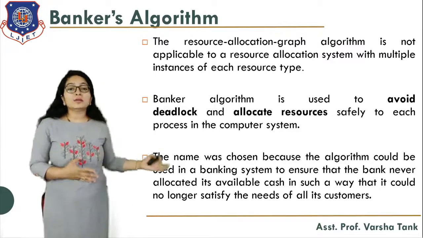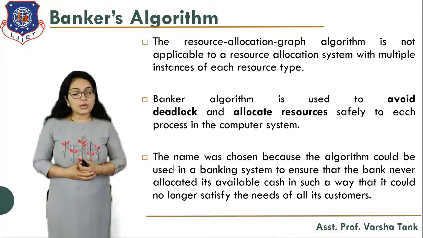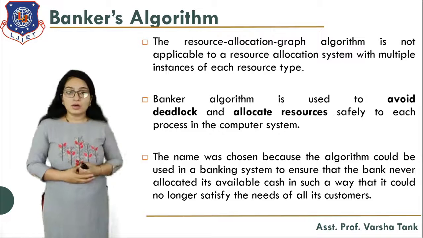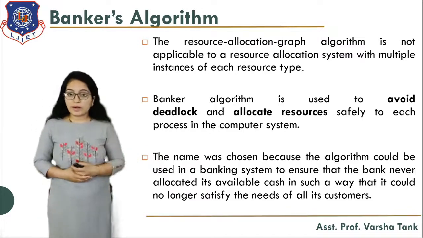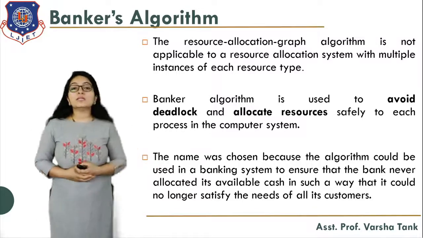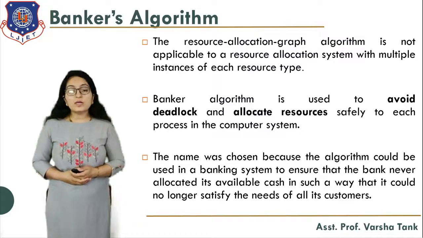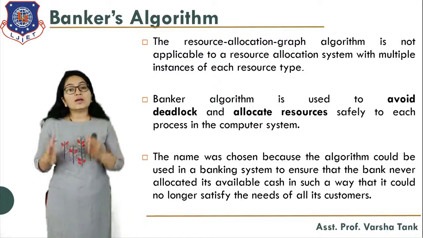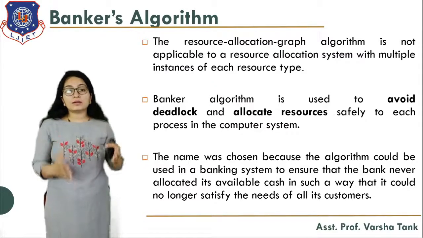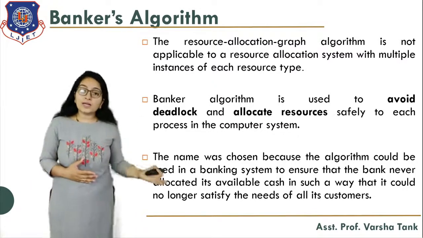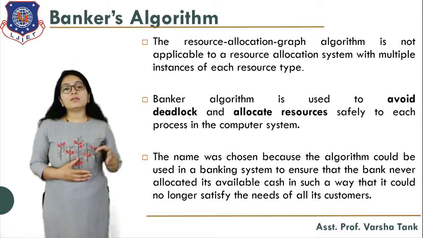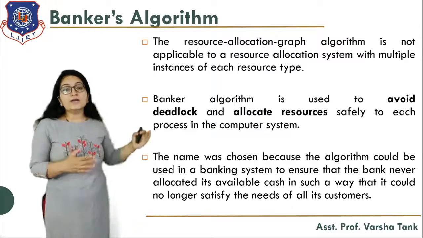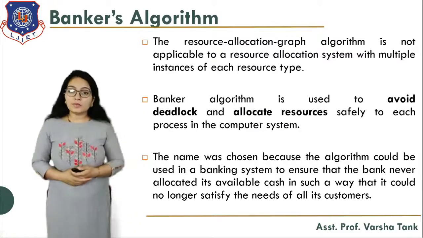Every time it will check and then give the loan according to the customer's demand. So that's why this algorithm is known as the banker's algorithm. Every time we will see if the resources are available, and if the resources that the process is demanding will not lead to deadlock, then we will satisfy the demand of that particular process.